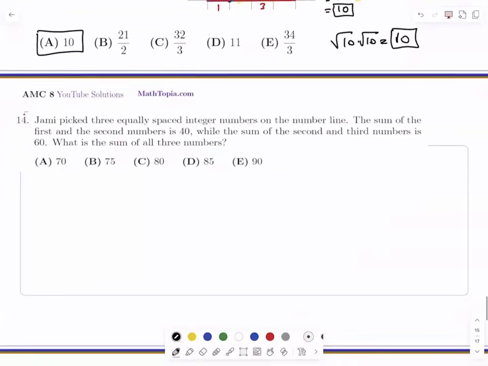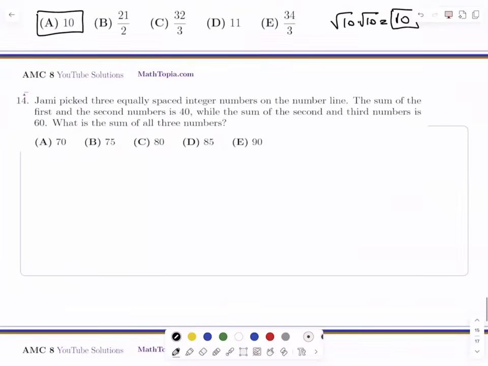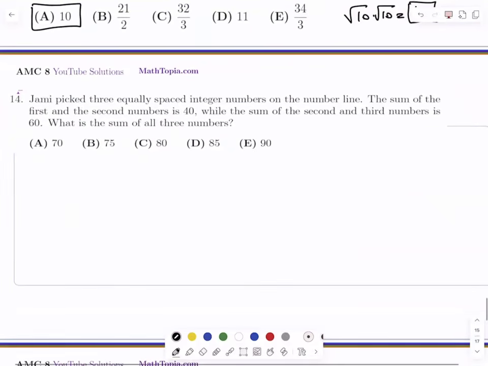Okay, problem 14. So far we are doing great. For this problem we are going to use the power of algebra. Yusuf, what does it mean, 3 equally spaced integer numbers on the number line? So we're going to have a number line.